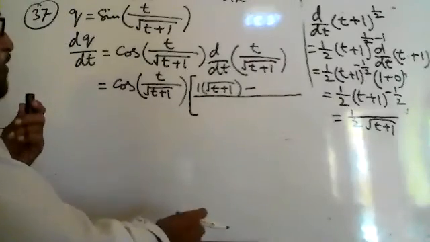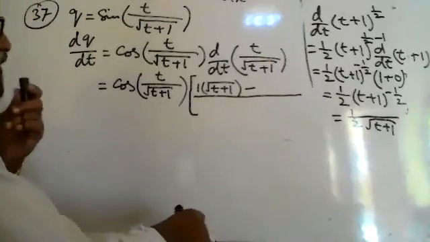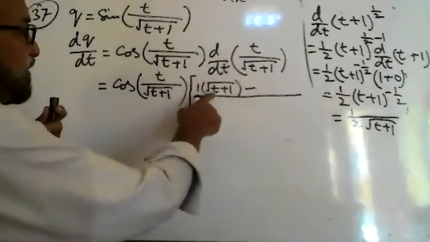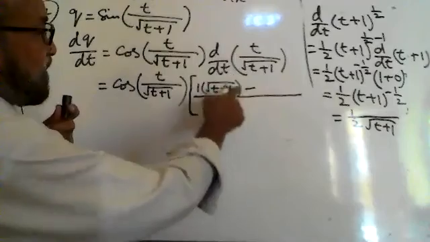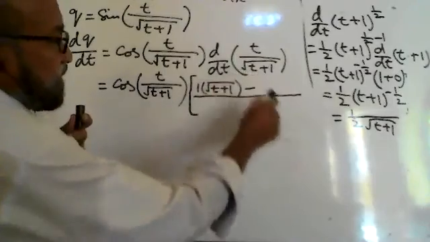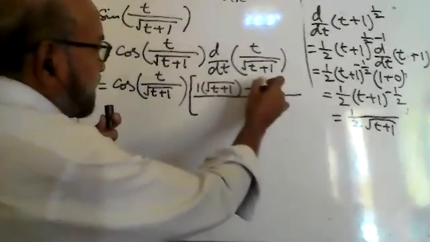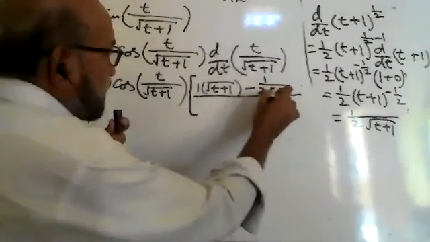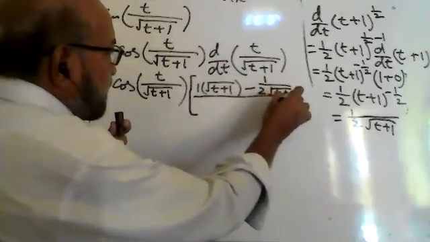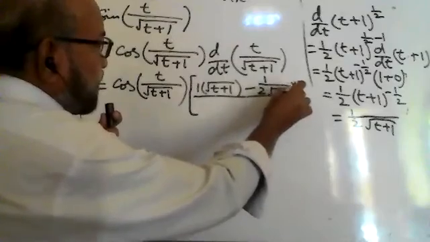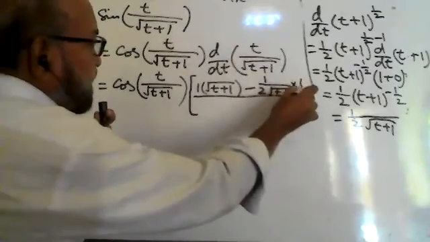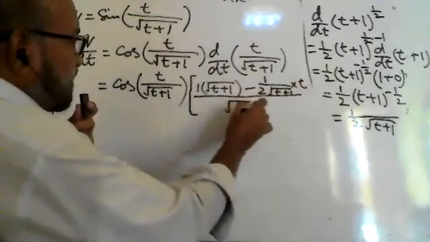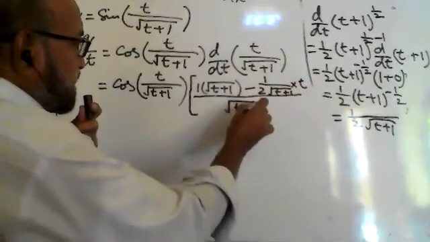Okay, so this is the derivative of this one: 1 into this denominator, minus the derivative of the denominator, that is under root t plus 1. The derivative of this one will be 1 over 2 under root t plus 1, into the numerator t, upon the square of the denominator, t plus 1 whole square.